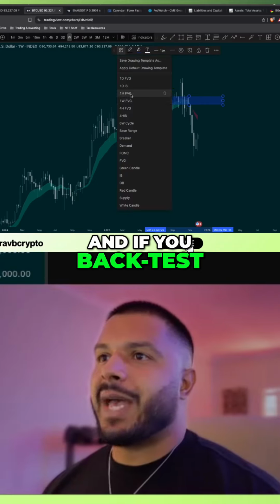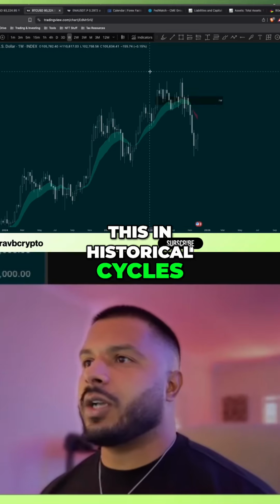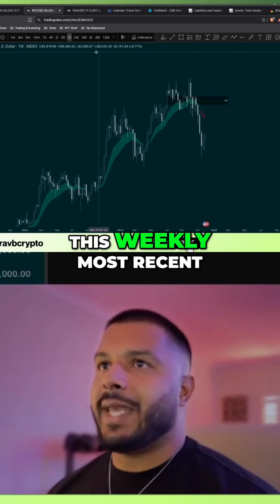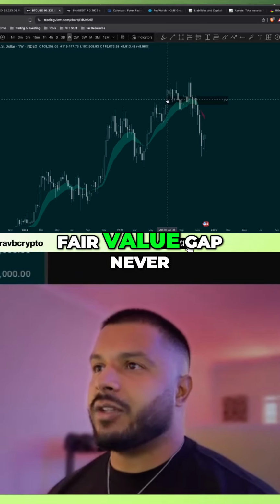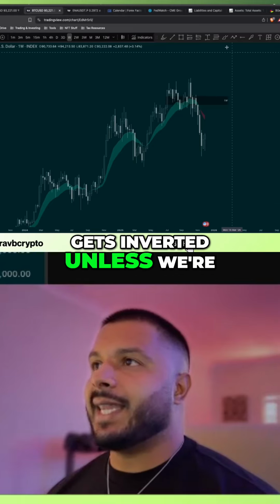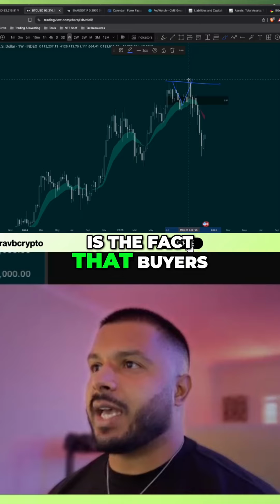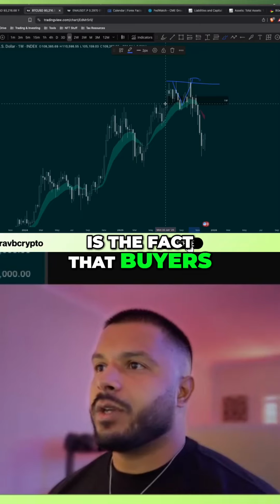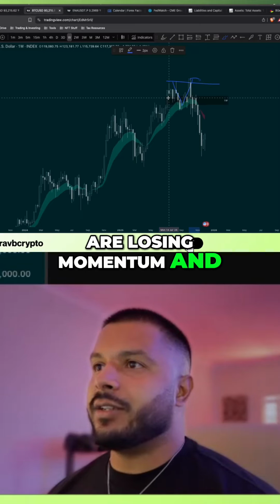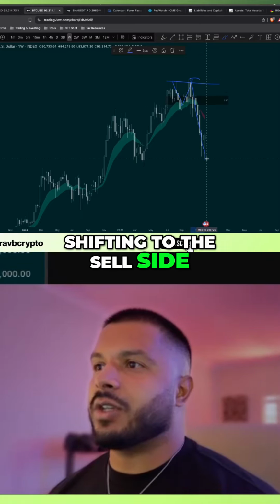And if you back test this in historical cycles, this weekly most recent fair value gap never gets inverted unless we're transitioning to a bear market, because what it represents is the fact that buyers are losing momentum and the order flow is shifting to the sell side, okay?